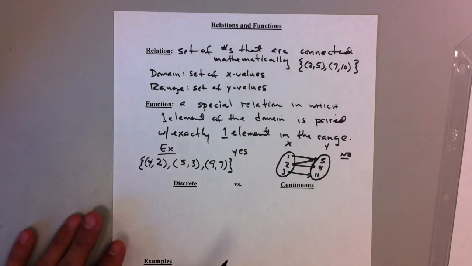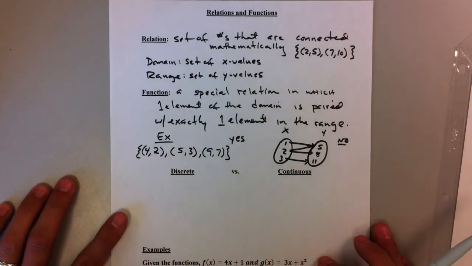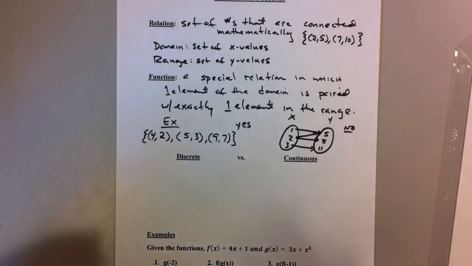Now remember, a function, again, is just a special type of relation. Within that realm of functions, you have two types. You have one that would be called discrete and one that would be a continuous function. A discrete function is a function that has a limited amount of elements in it.